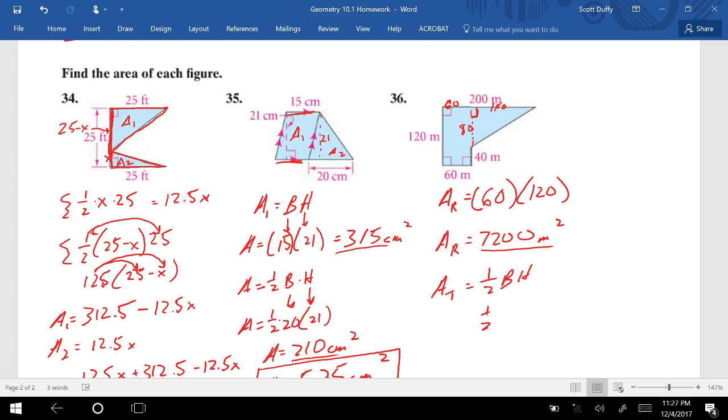Now, area of the triangle is equal to 1/2 times the base times the height. The base, if you look at it sideways, would be 80 and the height would be 140.